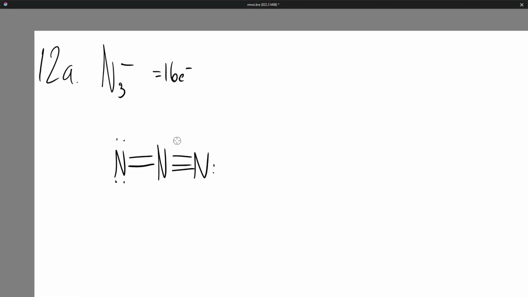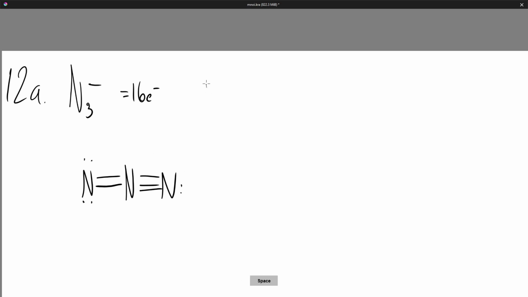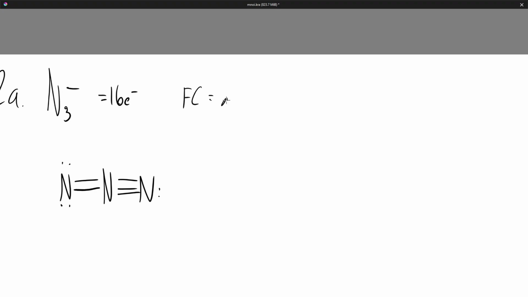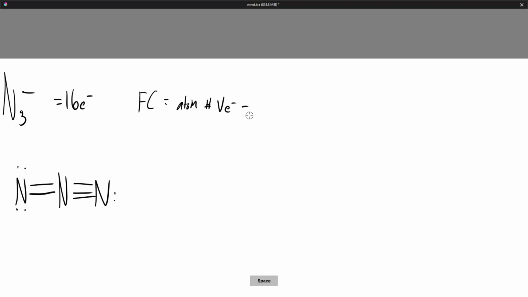Okay, now let's see if the formal charges check out. So remember, formal charge is your atom's number of valence electrons minus the sum of lines and dots around it.